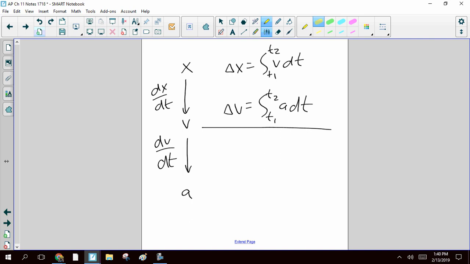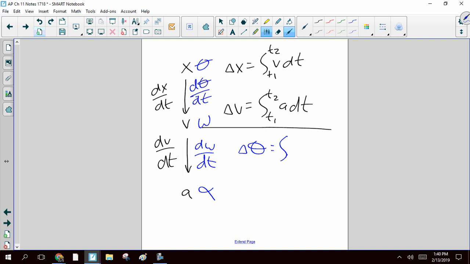All right, and then in terms of angular, kind of the same idea. d theta dt is angular velocity. d omega dt is angular acceleration. Change in theta is the integral from t1 to t2 of omega dt.